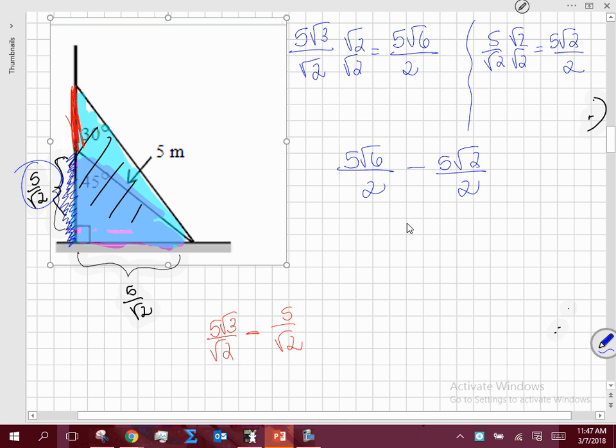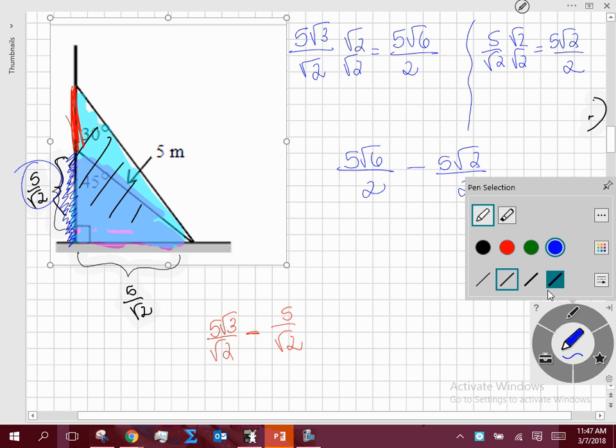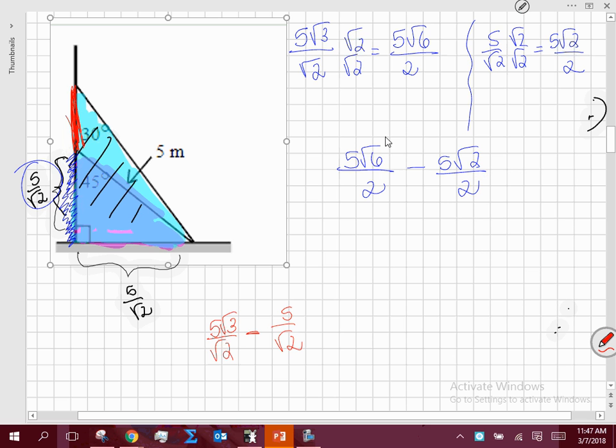Can I subtract those the way they're presented? No. Why? Those two numbers have to be the same in order for us to subtract, right? Okay. Now you can do this. Because they have the same denominator, you can write it this way: 5 radical 6 minus 5 radical 2 all over 2, if you want.